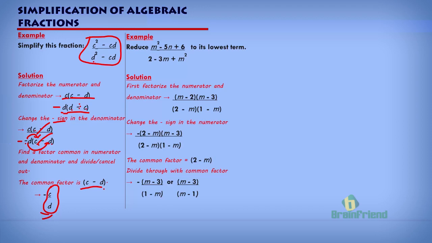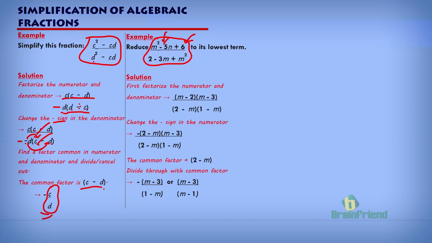Let's take another example. If you are asked to reduce m squared minus 5m plus 6 to its lowest term, again, first factorize the numerator and the denominator. In factorizing our numerator, m squared minus 5m plus 6, we'll find two numbers that when multiplied will give us our value there, and when added will give us our value here.